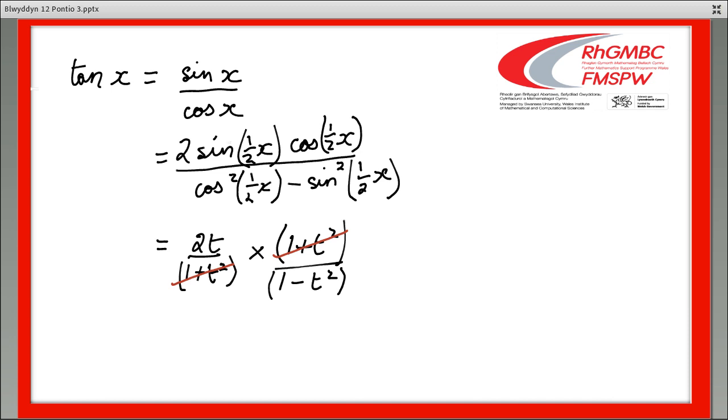So that in turn will leave us with tan of x is equal to 2t over 1 minus t squared.